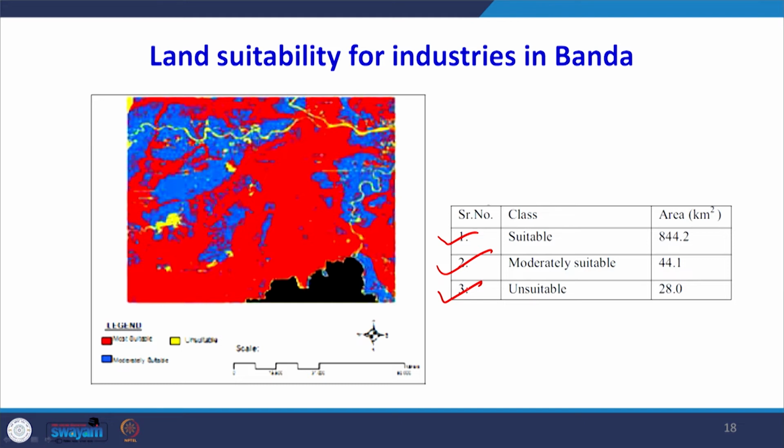So, here red one are those areas which are suitable, the blue one are moderately suitable, and the yellow one are not suitable at all. So, one can actually find out that which are the best areas and then carry out the detailed analysis of that area by collecting some more field based data, socio-economic data and so on.